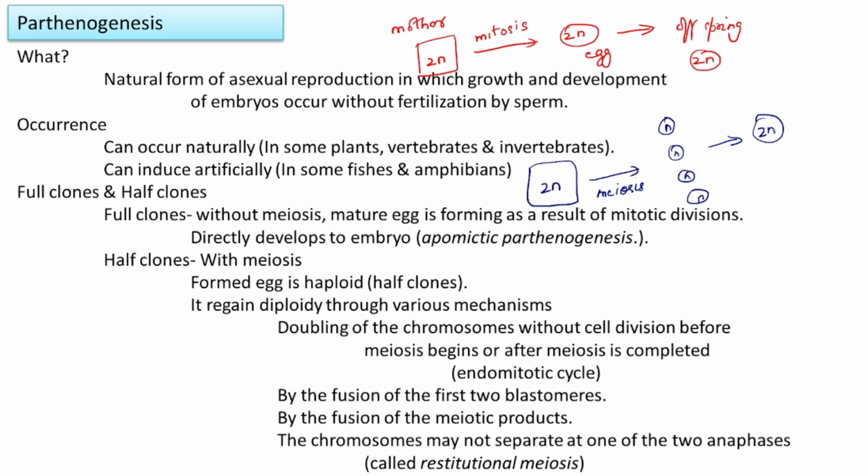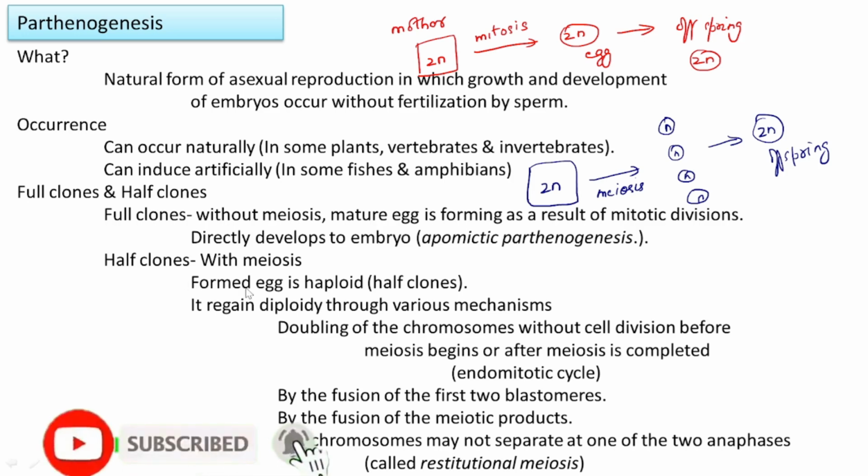And that diploid state continues and it becomes a diploid offspring. And here the formed offspring is not an exact copy of the mother cell. It receives only a half set of chromosomes from the mother cell instead of full. So they are called half clones.